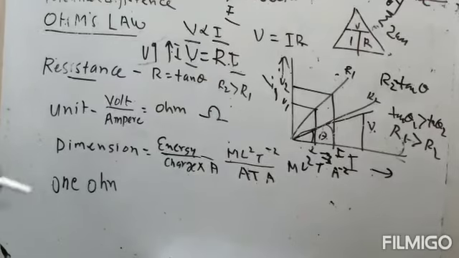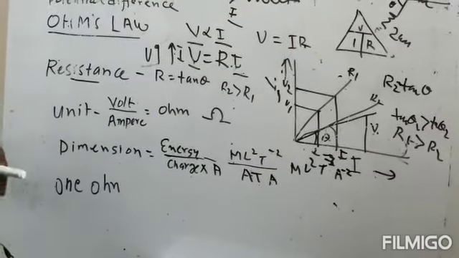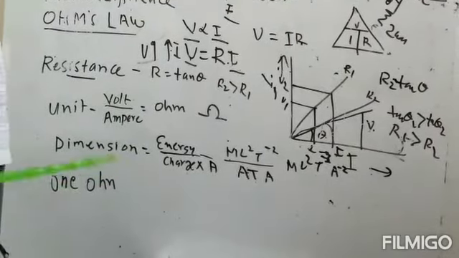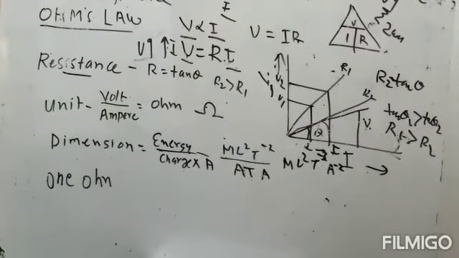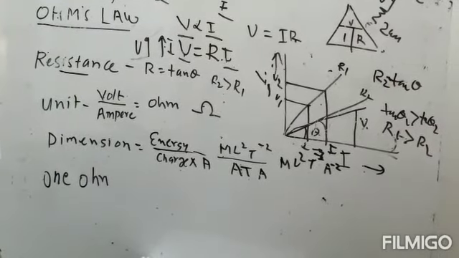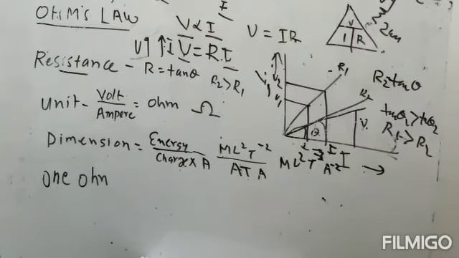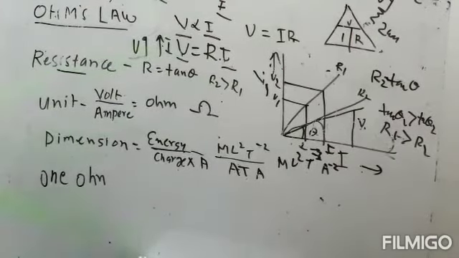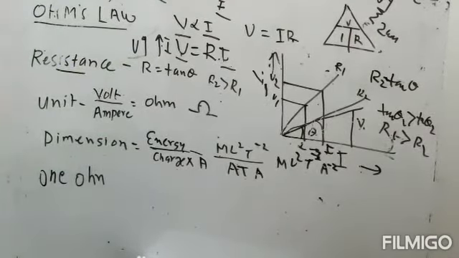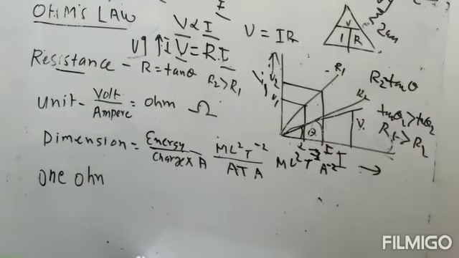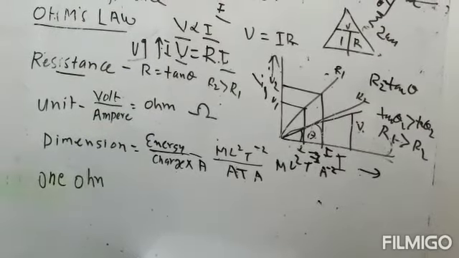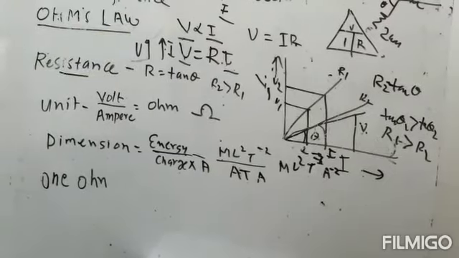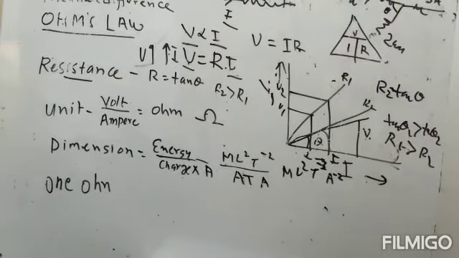Now what is the definition of 1 ohm? We can define 1 ohm resistance as the resistance of a conductor: if 1 ampere current is passing through it and the potential difference across its terminals is 1 volt, then it is 1 ohm resistance.